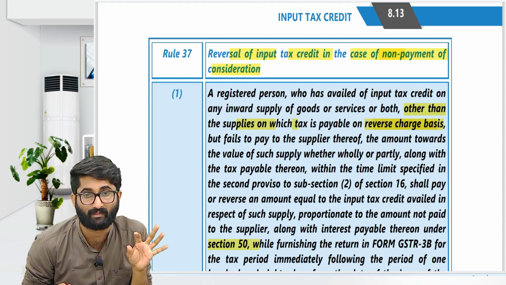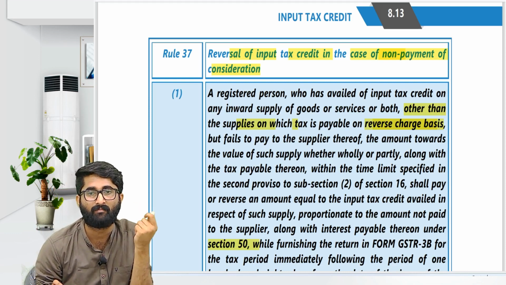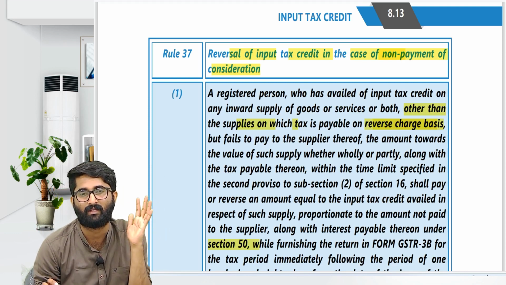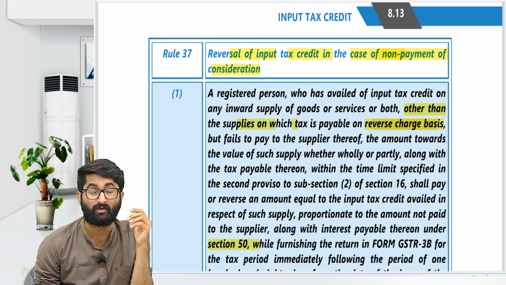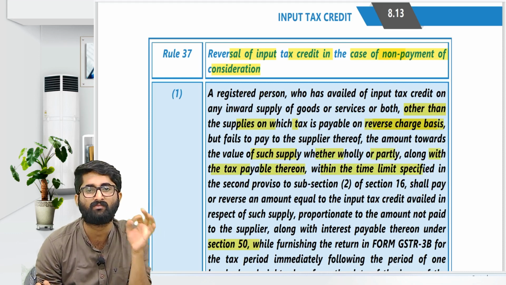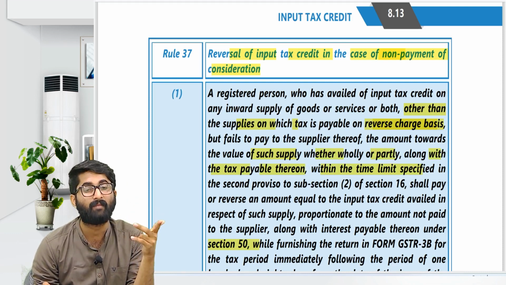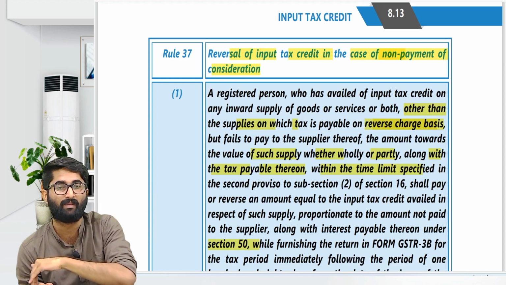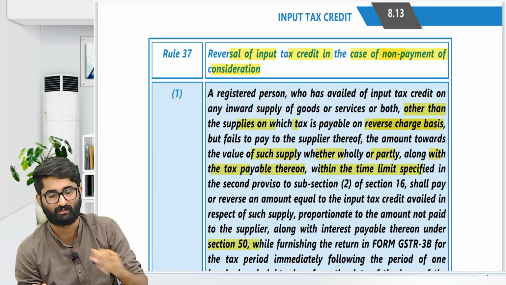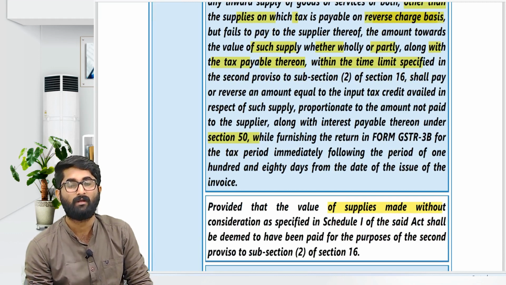If I fail to pay the amount within 180 days from the date of invoice, then I have to see whether the supplier's value has been paid wholly or partly along with the tax payable thereon within the specified time limit, which is 180 days. If I don't pay, then I have to reverse the amount in the next GSTR-3B. Immediately after 180 days, in whatever 3B is there, I have to reverse that amount to the government.